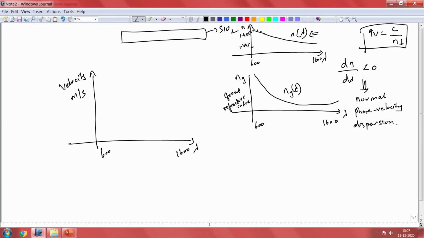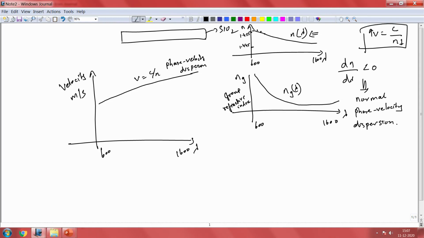In this case the refractive index is reducing, so what you expect to see is a slightly increasing trend. Your velocity is c over n, so your phase velocity dispersion will have such a trend.